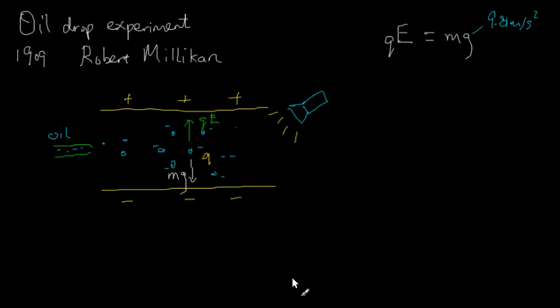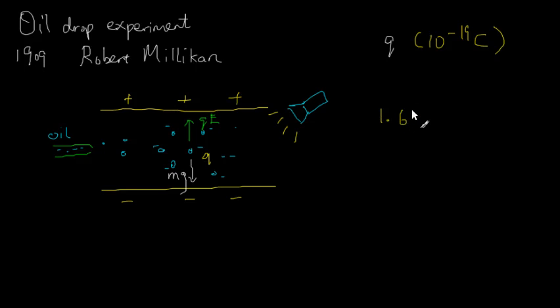Okay, so in Millikan's measurement, suppose that the charge that he measured, let me write down some possible example values. I'm going to give this charge in units of 10 to the minus 19 coulomb. We know that the charge of the electron is 1.6.